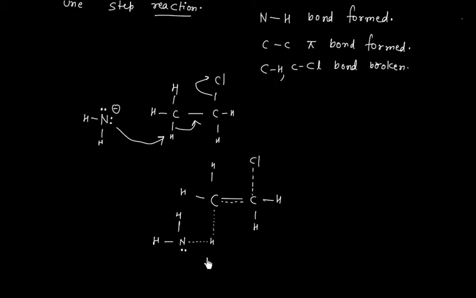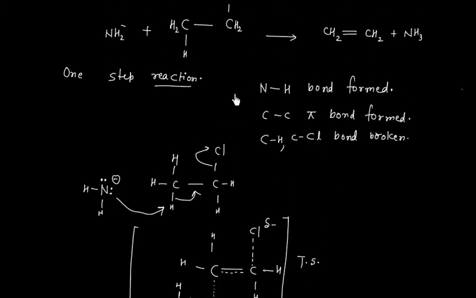Now let us see the charges. Nitrogen is losing some negative charge because it is forming bond with hydrogen. This chlorine, because it is taking some electrons, will have some negative charge. So nitrogen and chlorine will have negative charge. So this is the transition state.